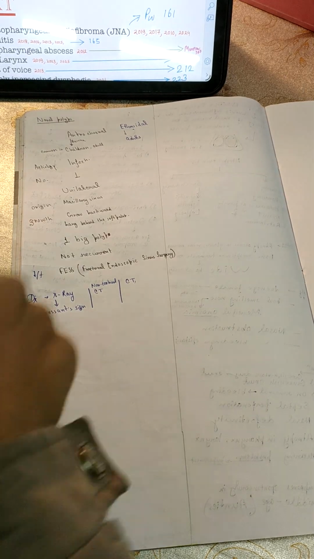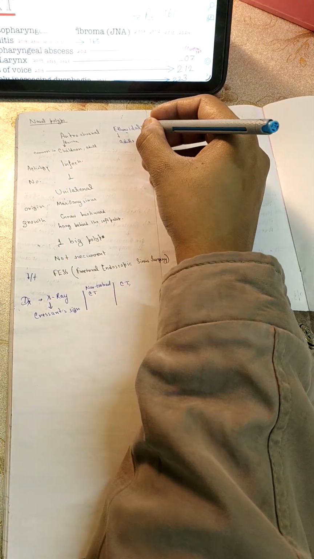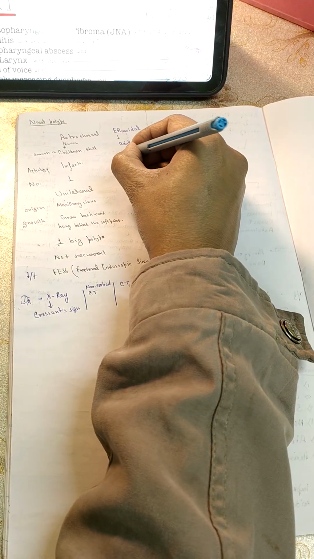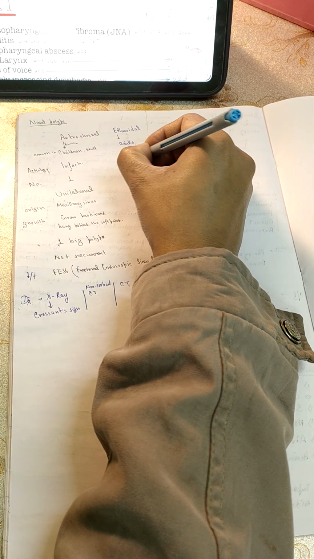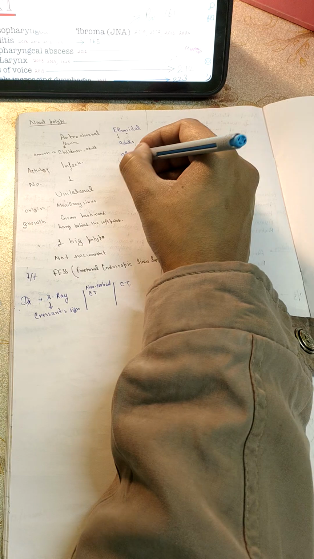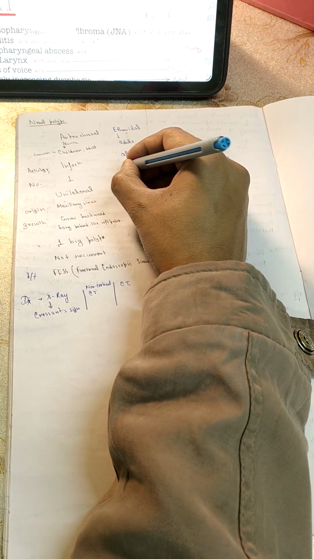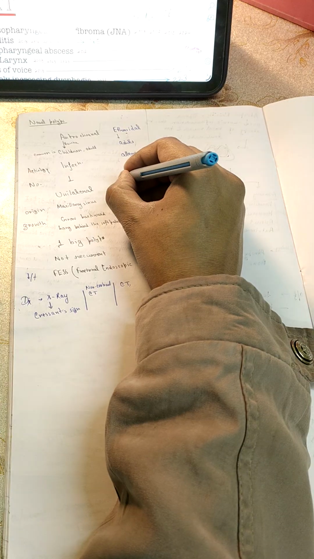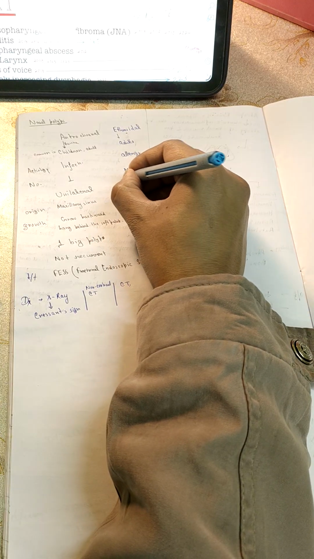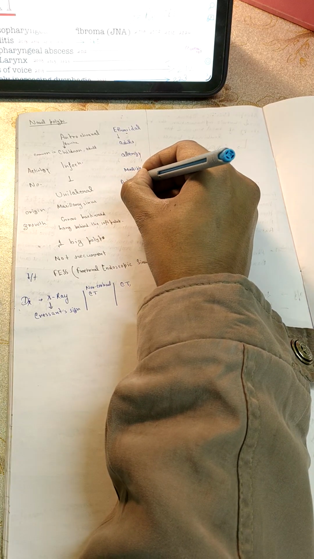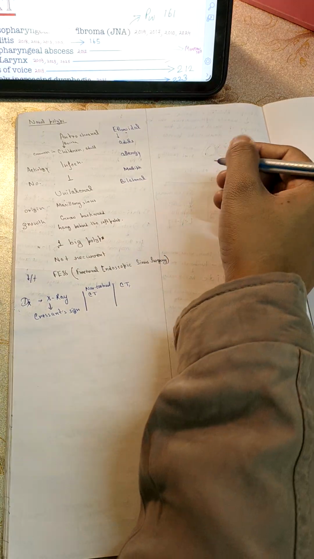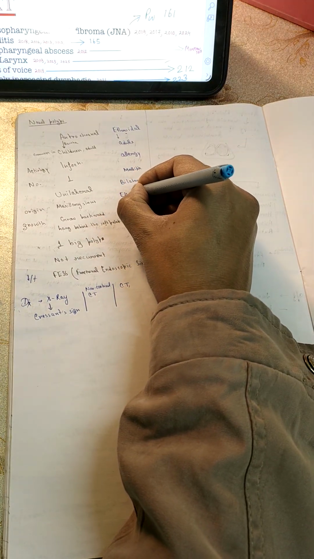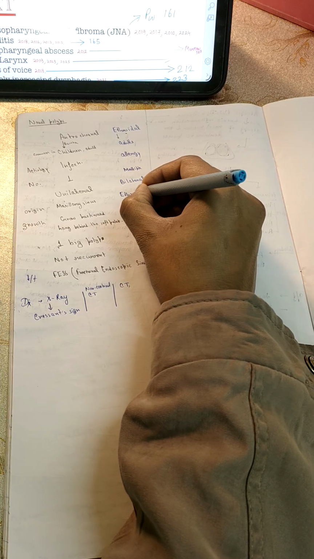Let's talk about the ethmoidal one. Ethmoidal happens in adults due to allergy or many other causes. It is mostly multiple, grape like, small. It is bilateral. It originates from, as the name suggests, the ethmoidal sinuses.